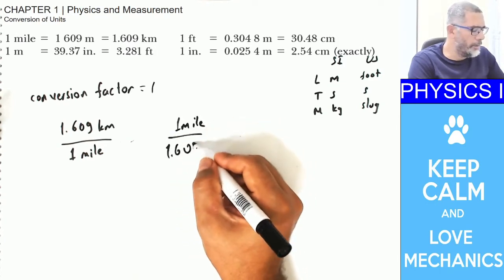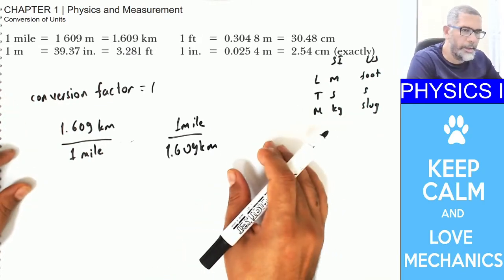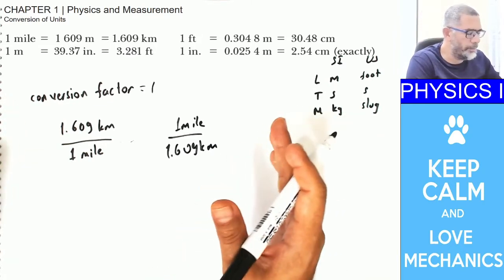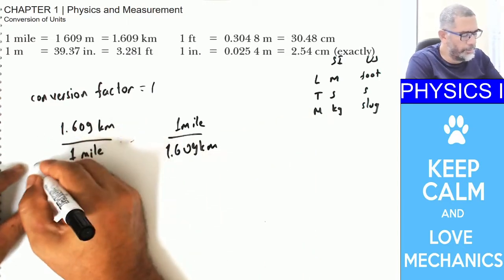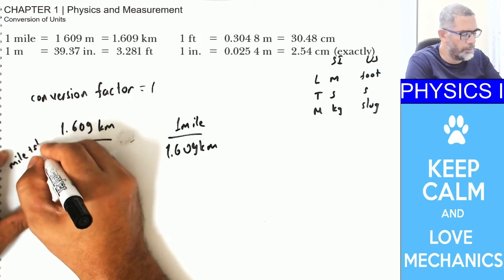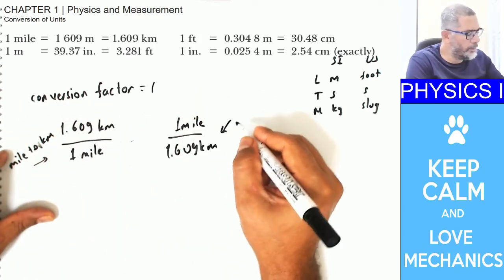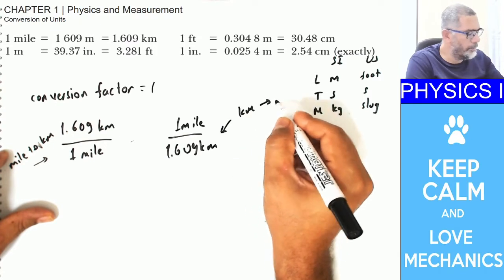Let me explain explicitly what I mean by these conversion factors. This is from mile to kilometer, and this is from kilometer to mile.